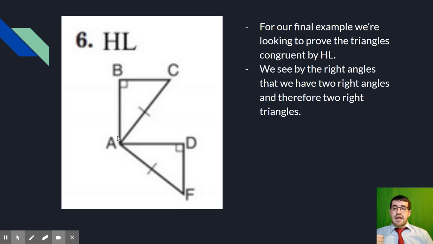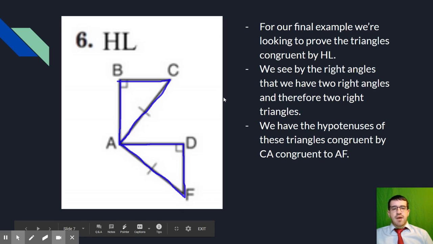So we see that angle B and angle D are right angles. Therefore, we have our 2 right triangles here. And I'm just going to highlight the entire triangle. I don't know if highlighting the whole triangle is correct or not, but we will work with it.